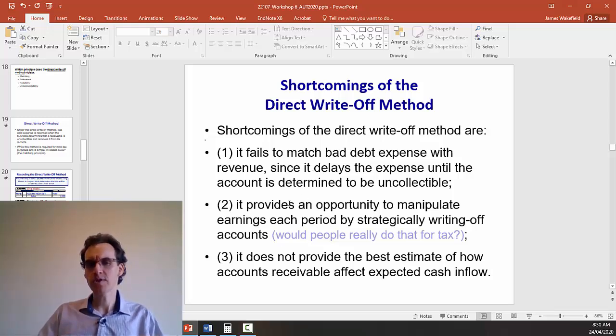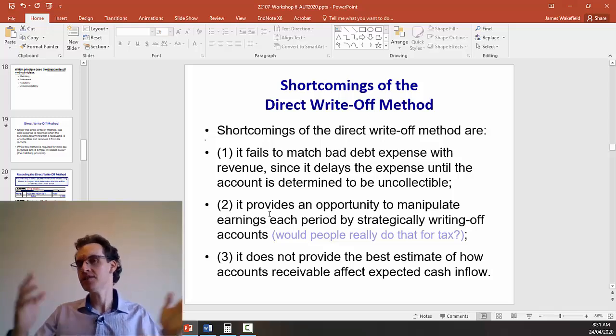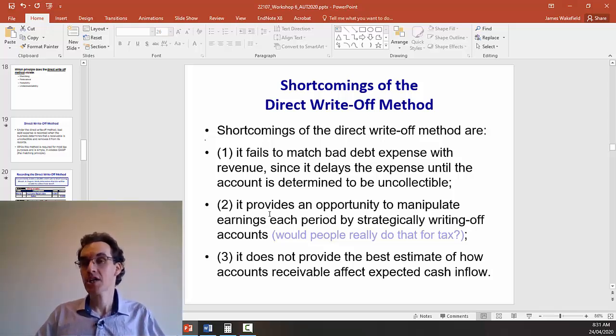It also provides the opportunity to manipulate earnings, which is a problem because it gives business managers, accountants and financial managers the ability to determine what expenses they recognize and when. There is discretion here. You are making a judgment when you determine someone is not going to pay. They may pay in the future. They may not pay.